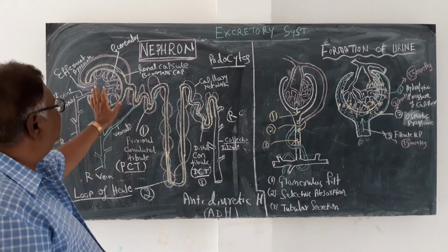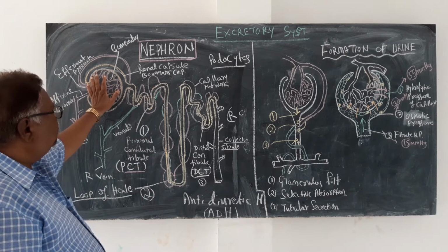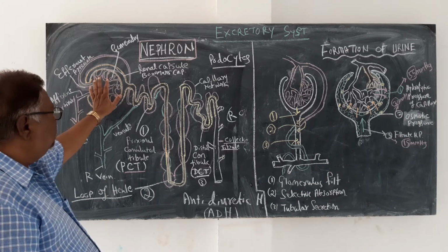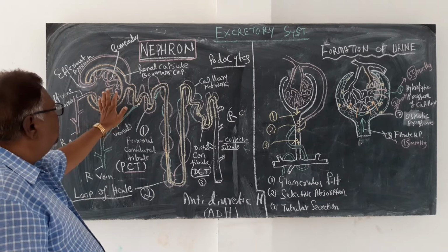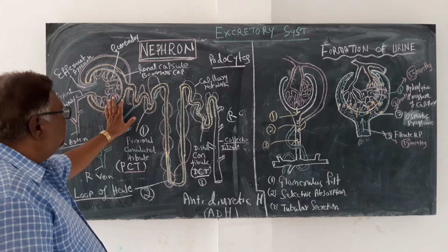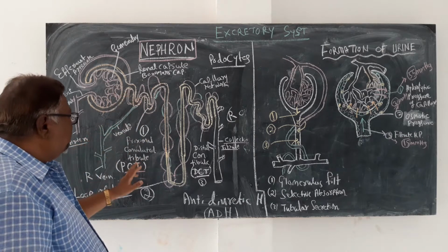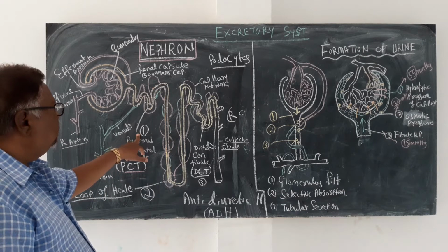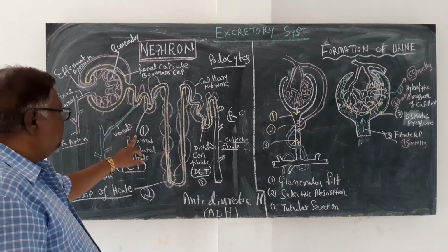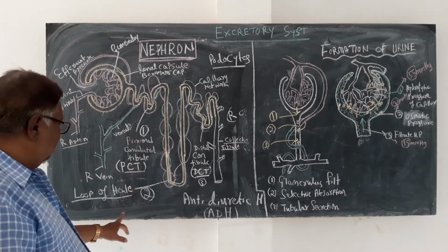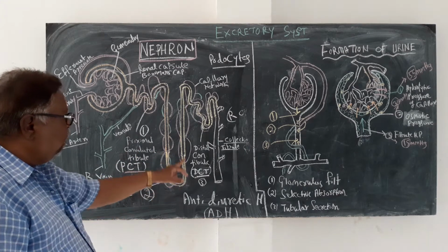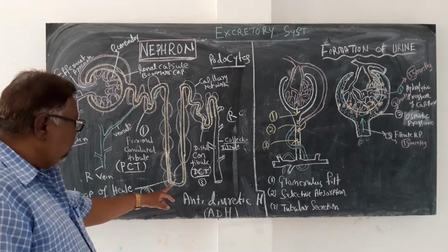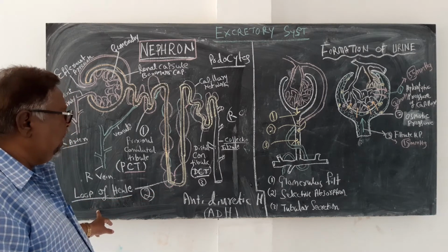Here, the first portion is the Bowman's capsule, and it continues as the proximal convoluted tubule, that is PCT. Bowman's capsule, PCT. Then one loop is here, just like a hairpin, and it is called the loop of Henle.